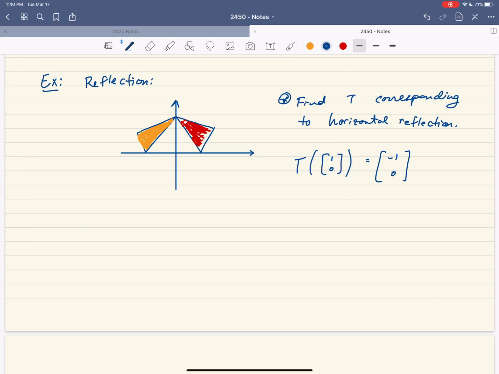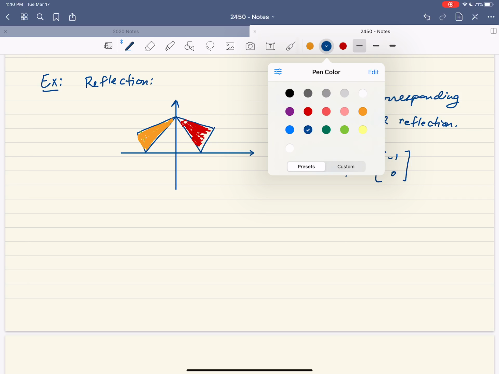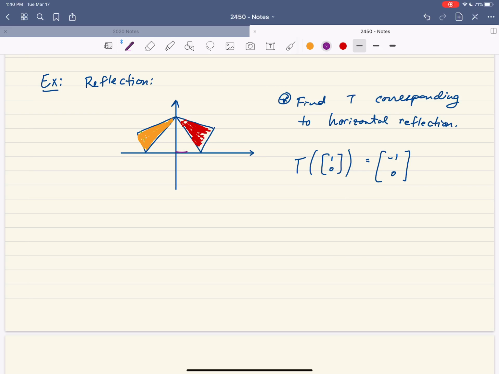Okay, that's it. So this unit vector, which I'll color in purple, say that's 1 unit length, is just going to be reflected across the y-axis, that's what we get, that's fine.